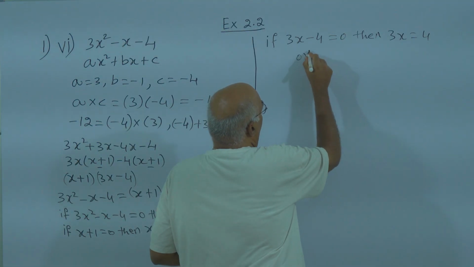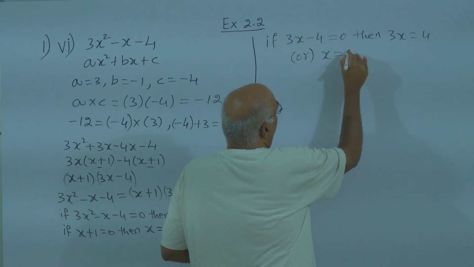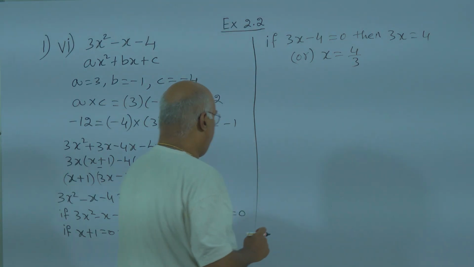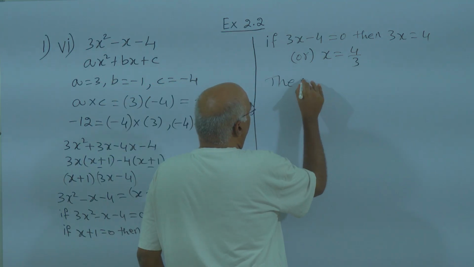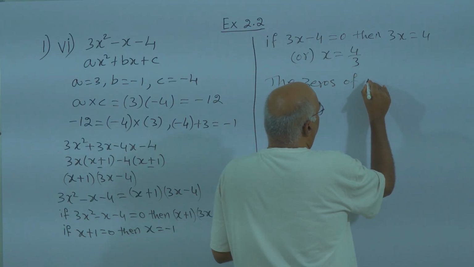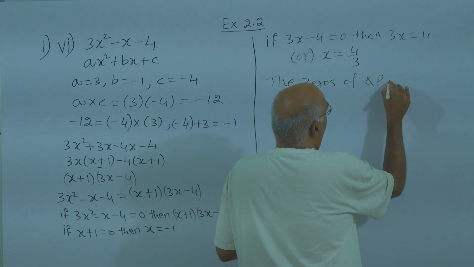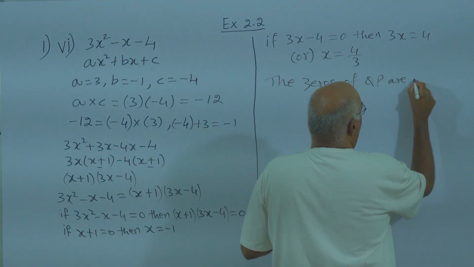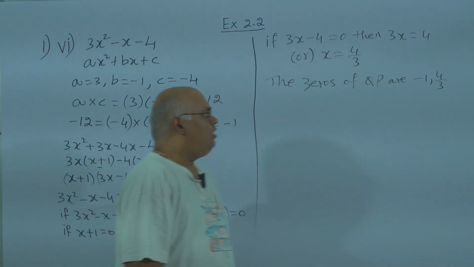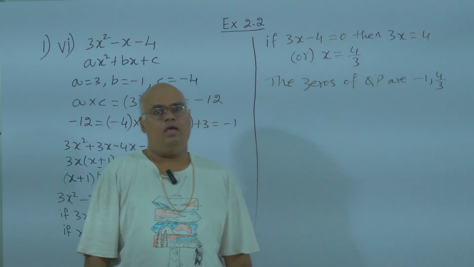So x is equal to 4 by 3. So the zeros of the given quadratic polynomial are minus 1 comma 4 by 3.